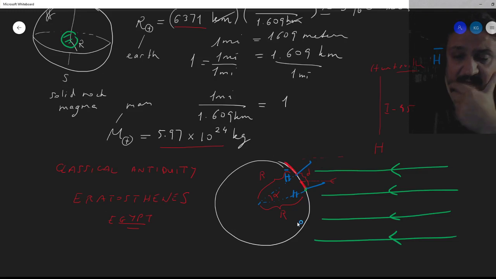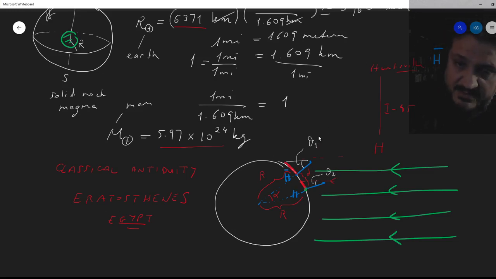So here's what we have. We have a triangle right here with an angle, and we have another triangle with a smaller angle, right? Call this angle theta 1, and this is theta 2, right?